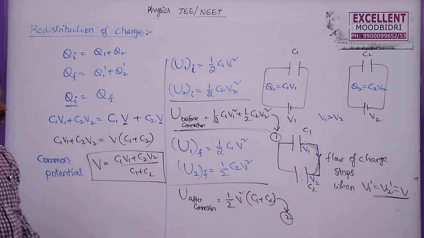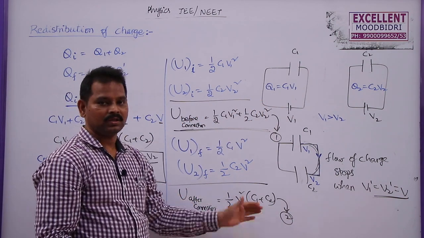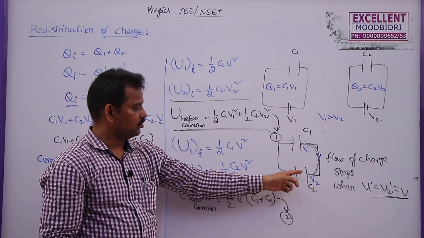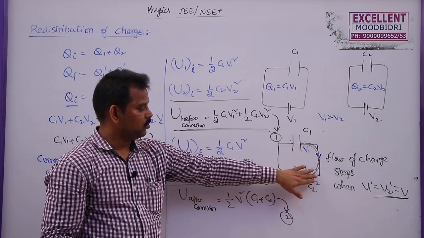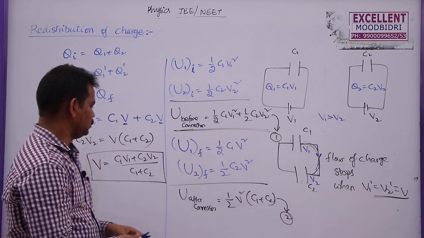So it is found that before connection the energy was more, after connection the energy was less. Why? Because during this connection some energy will be lost. So what is the amount of energy lost in this case?